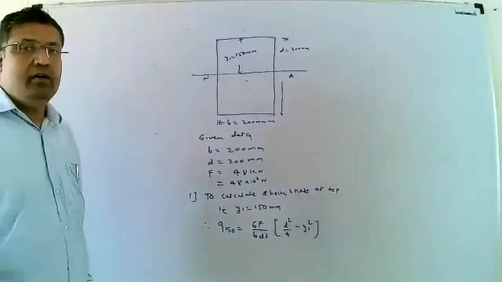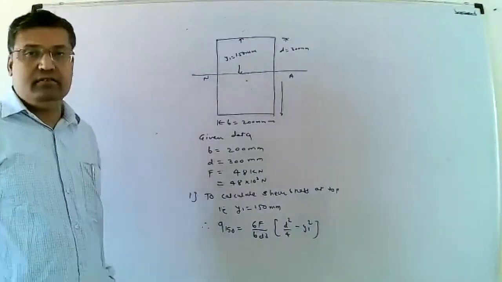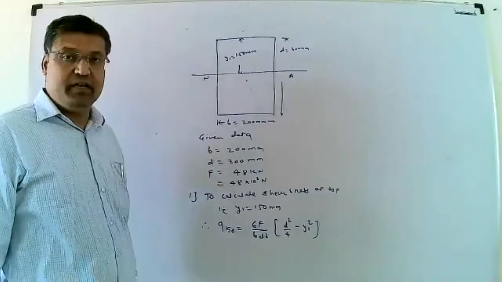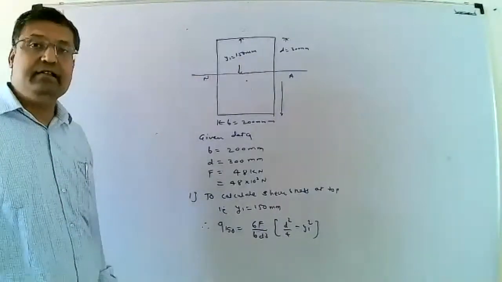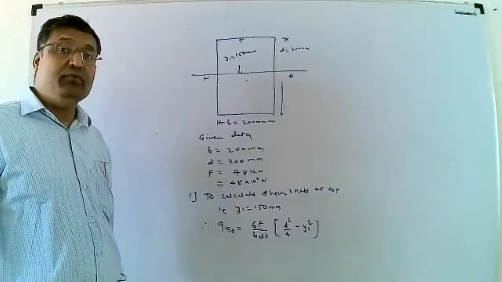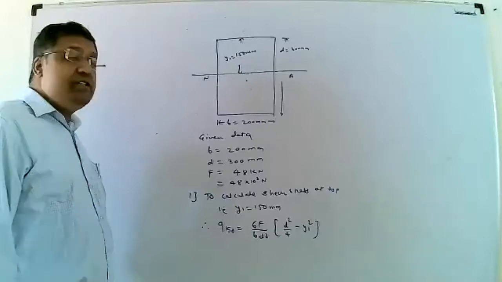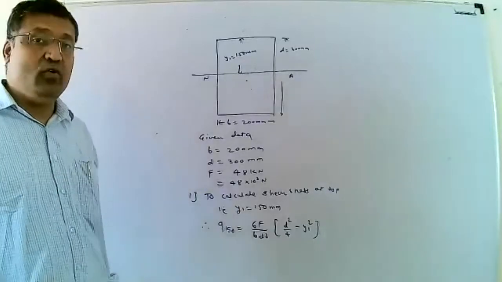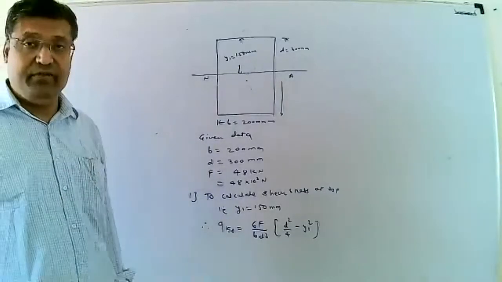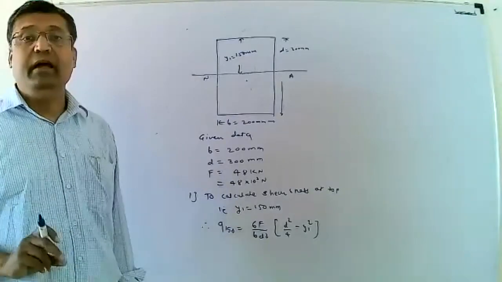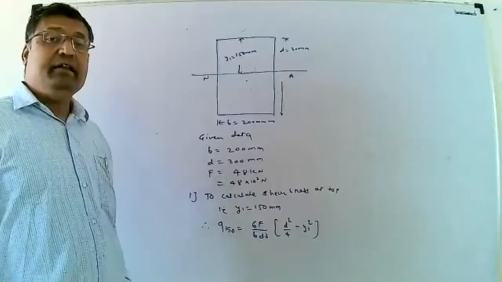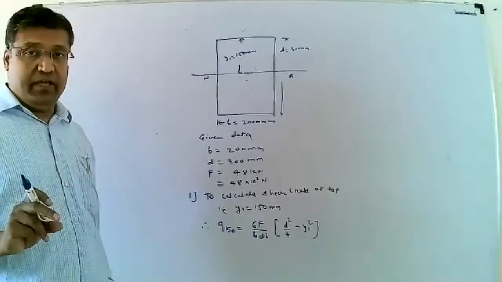The given data: width of the rectangular section is 200 mm, depth is 300 mm, and shear force is 48 kN, equal to 48 into 10 raised to 3 N. First we calculate the shear stress at 150 mm, because the depth is 300 mm and the distance from the neutral layer to the top layer is 150 mm.